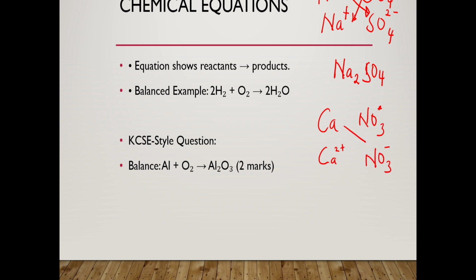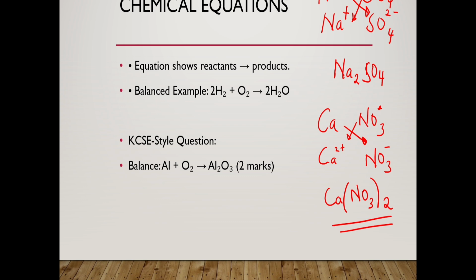So the calcium will take the 1, and the NO3 will take the 2. That's why we said radicals are a group of atoms that act as a unit. So the 2 is not given to nitrogen or oxygen only, it's given to the nitrate as a whole. So that's why you write it as Ca(NO3)2. This is something that you should know.